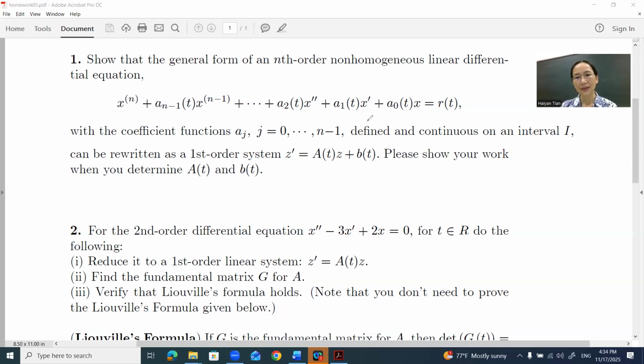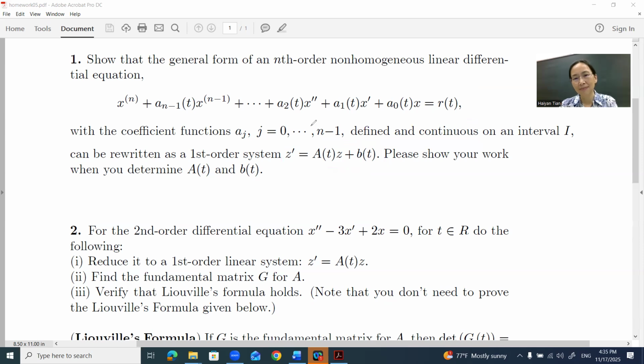So this given equation is nth order and non-homogeneous linear equation. Afterwards, you will get a first order system, also non-homogeneous, also linear. Yeah, so you see from a linear higher order equation to a linear first order system of equations.